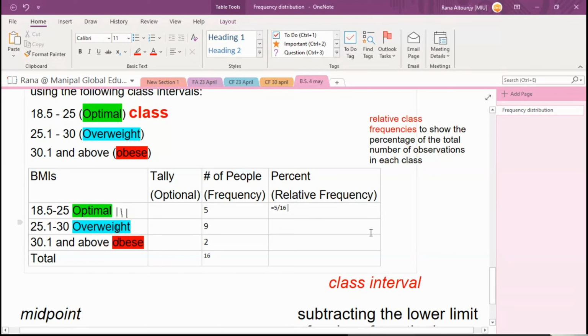To find the relative frequency, you need to divide the frequency of this option by 16, then take it as a percentage. So 5 divided by 16 equals 0.3125, which is equal to 31.25%, right?